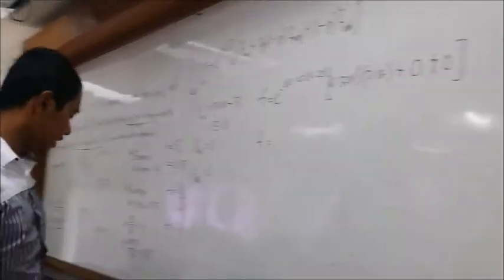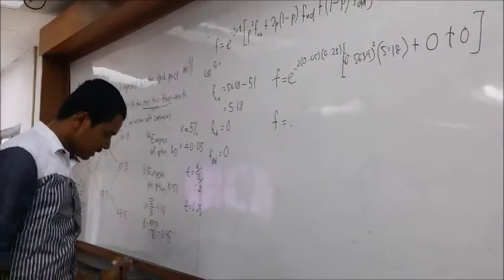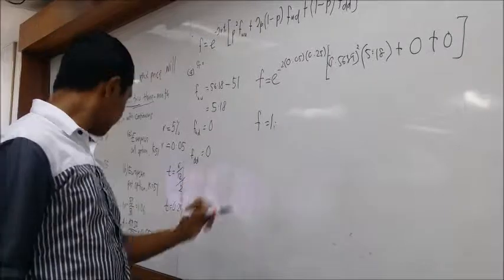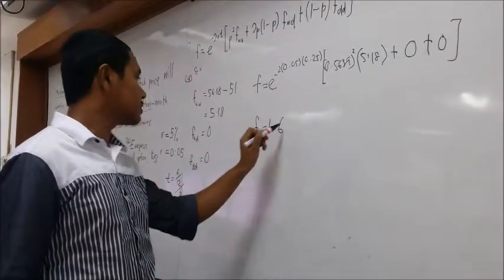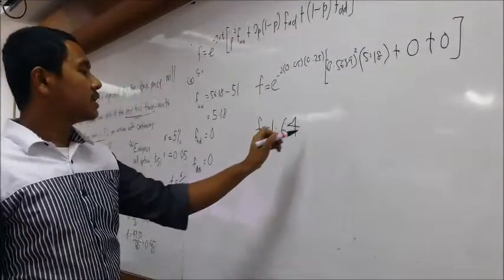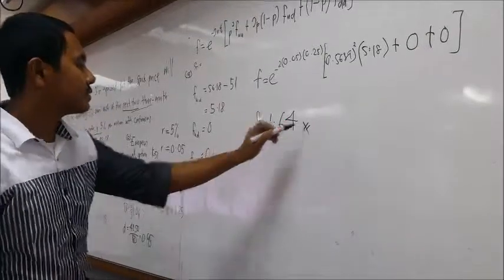So our f is 1.634. This is the direct way.